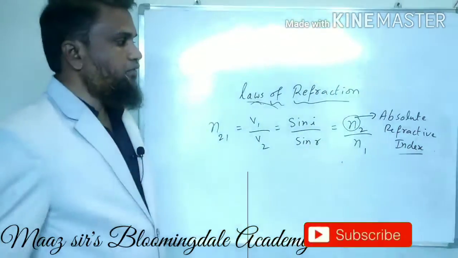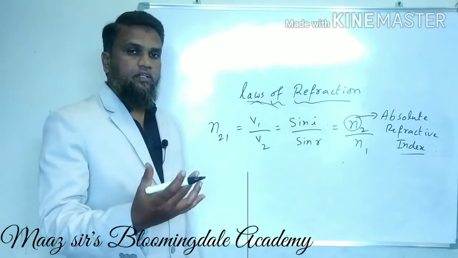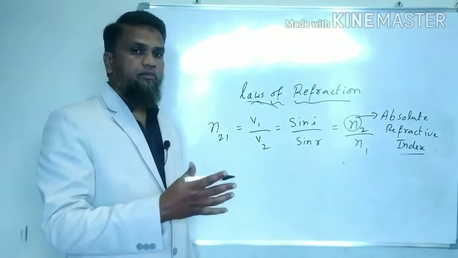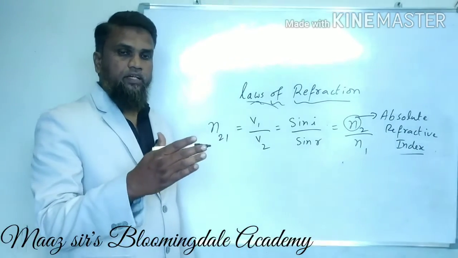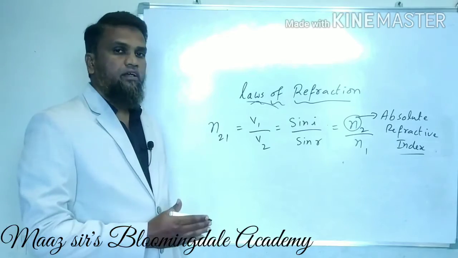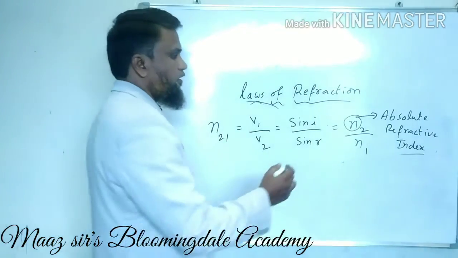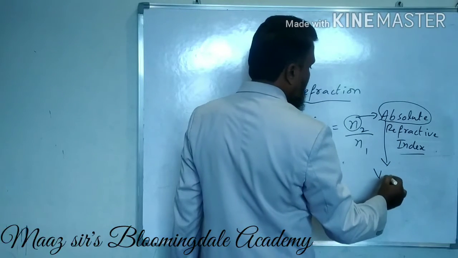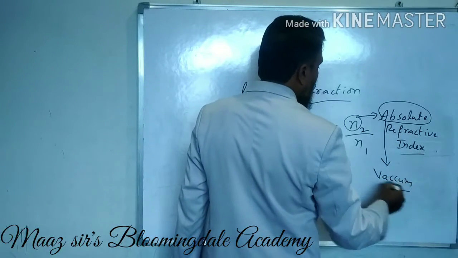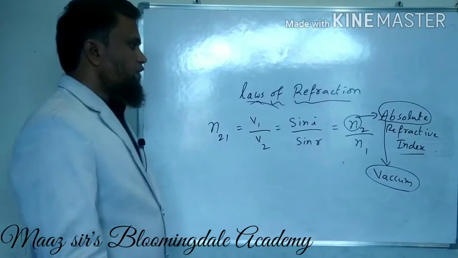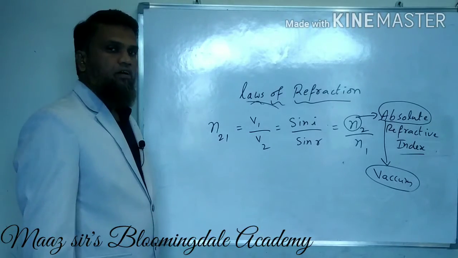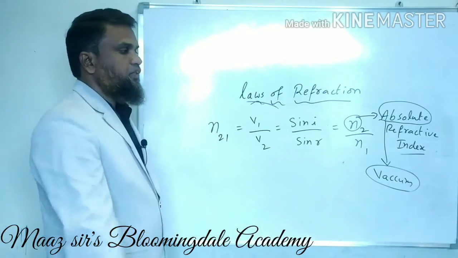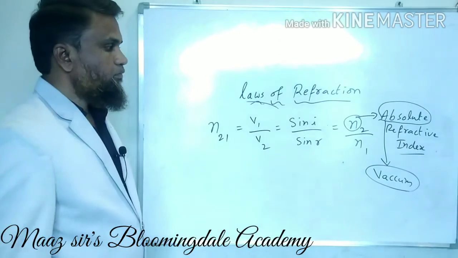What is the absolute refractive index? It is the ratio of the speed of light in vacuum to the speed of light in the medium. Whenever we talk about absolute refractive index, we are talking in terms of vacuum. These are the different formulae which we can use while doing problems.